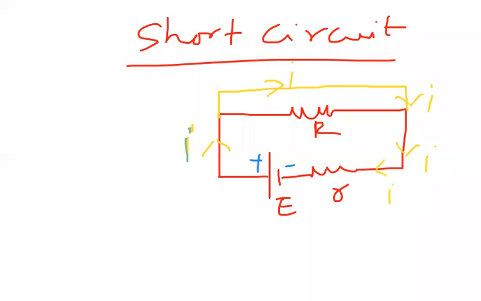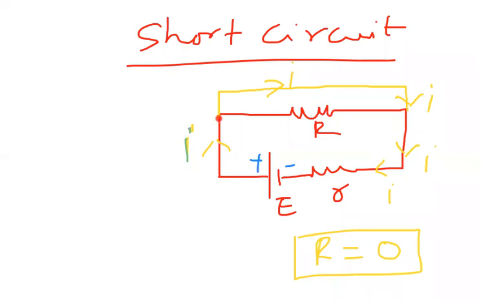That means current is not flowing into the external resistance. Short circuit means the external resistance is short circuited. It is removed, you can also say. The current is not entering the external resistance.